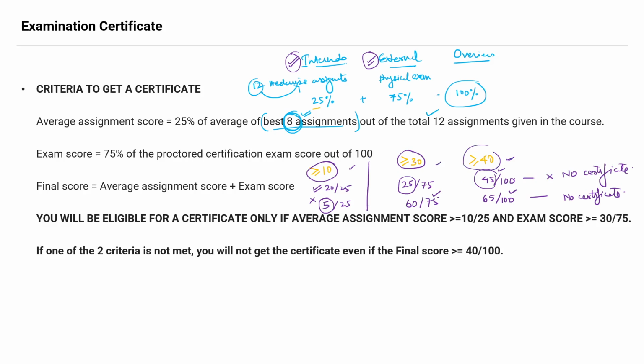Try to attempt it. And the best part about the weekly assignment is that you can actually attempt it multiple times. So for example, you attempted your week 2 assignment, but the deadline is 7th of August, which is tomorrow. You feel that maybe 1 or 2 questions are a little doubtful. What you can do is go through the content and reattempt those questions.